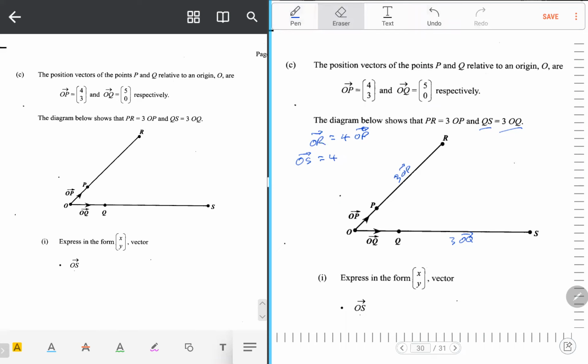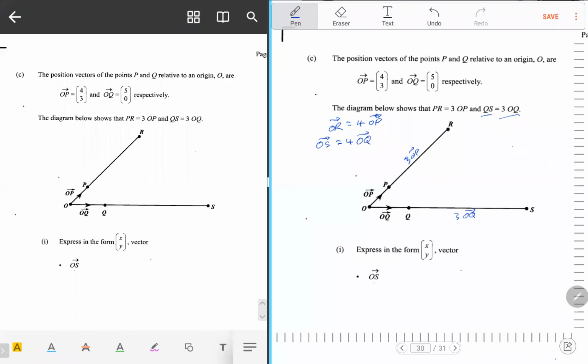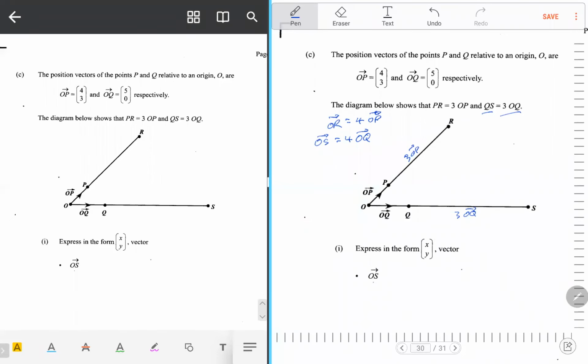We're just gathering information right now, before we start answering questions. So that's what we know. Then it says now express in terms of vector XY, OS. And so that's it. OS is 4 OQ.